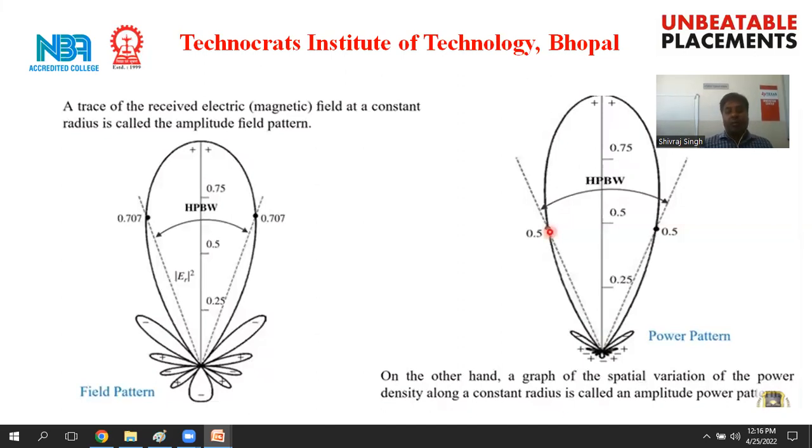Next is the power pattern. If the graph is plotted between the power density along a constant radius with respect to direction, it is called a power pattern. In this diagram, this one is the field pattern, and this one is the power pattern.